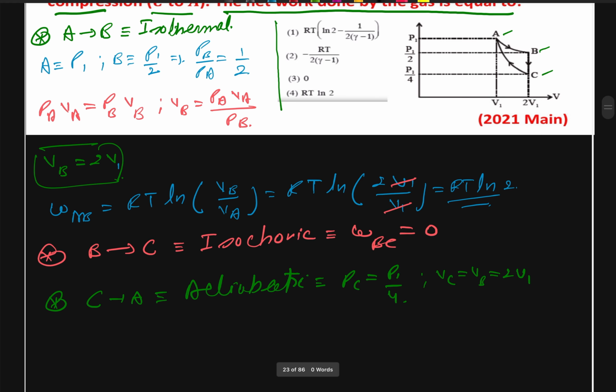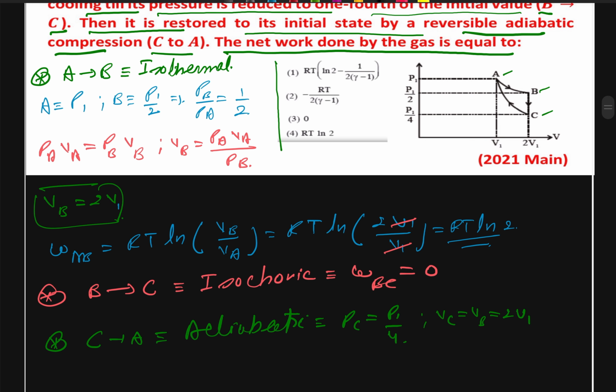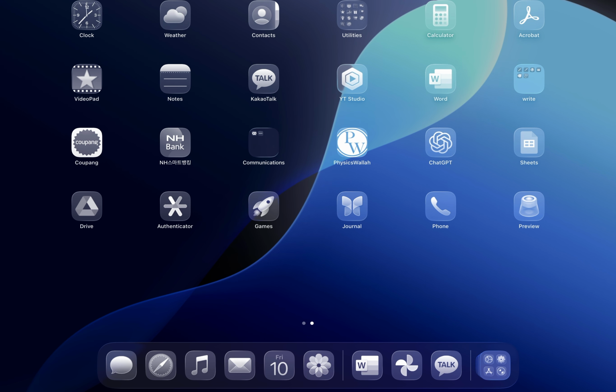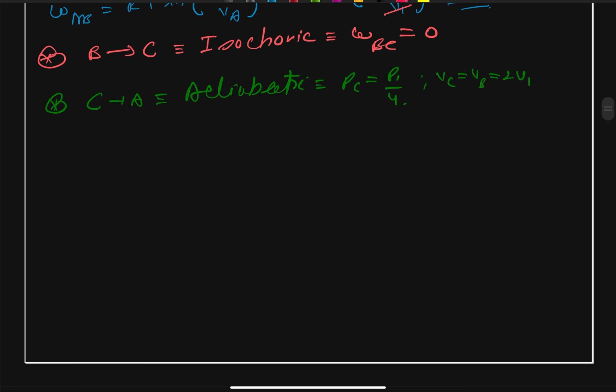It comes back to our A, which is P1 V1. And we know for adiabatic that PV to the power gamma is equal to constant.